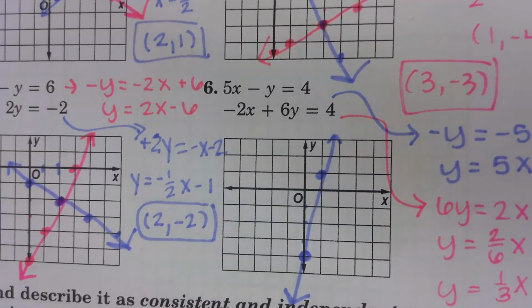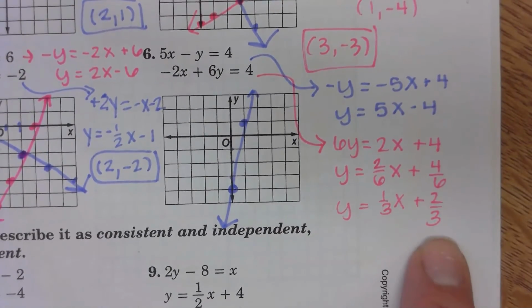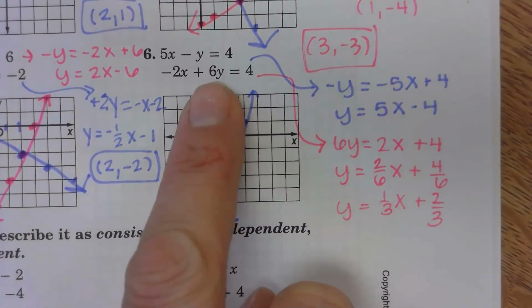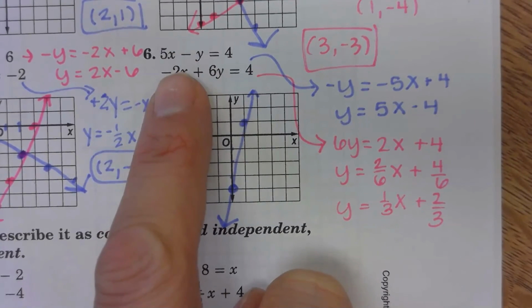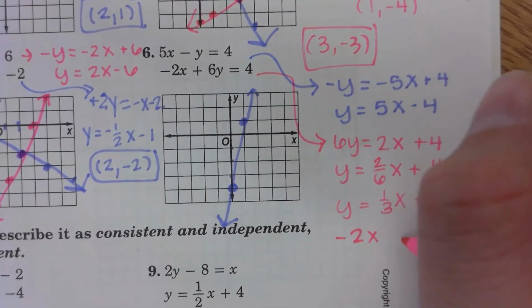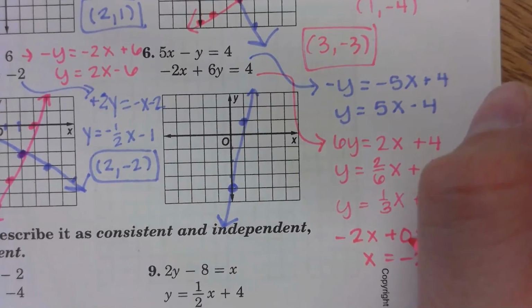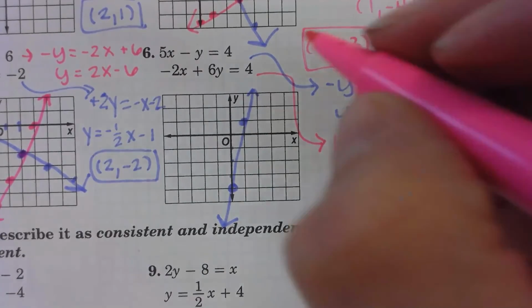And once again, this y equation is not very nice because it's a 2/3. So maybe we look to start the graph at the x-intercept instead of the y-intercept. So we set y equal to 0 and solve for x. So when y is 0, x is negative 2.